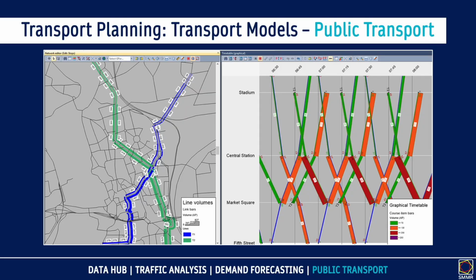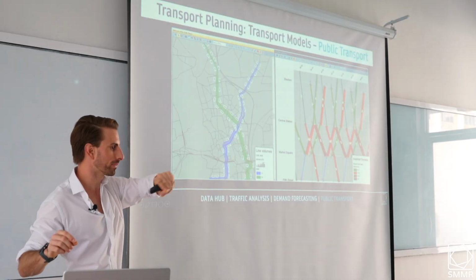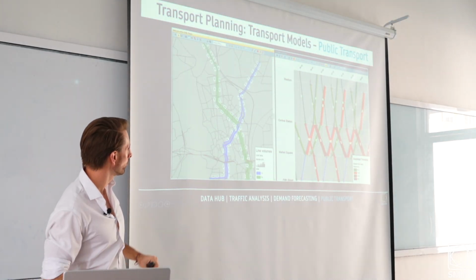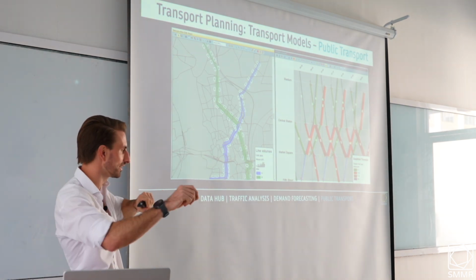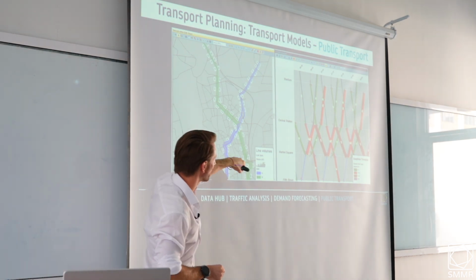And you can do all of that in these tools. You could use the tool to identify the best corridor for a bus rapid transit system, for example, because you know where people are going to and from. You would want to put it somewhere where there's a high density of trips, and you can draw that in.